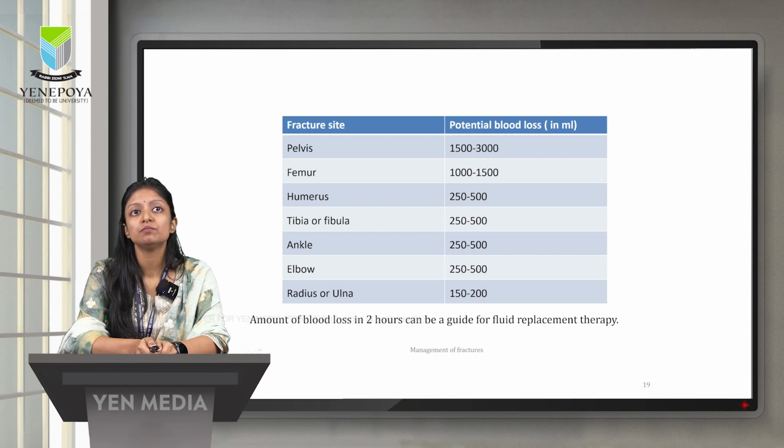For humerus, tibia, fibula, and then ankle and elbow, it is around 250 to 500 ml, whereas for radius or ulna, it is 150 to 200 ml. So, as you can see, the most dangerous sites for fractures are pelvis and femur, and the humerus, fibula, tibia, ankle and elbow are in the mid range, whereas radius or ulna is the least dangerous type of fracture.